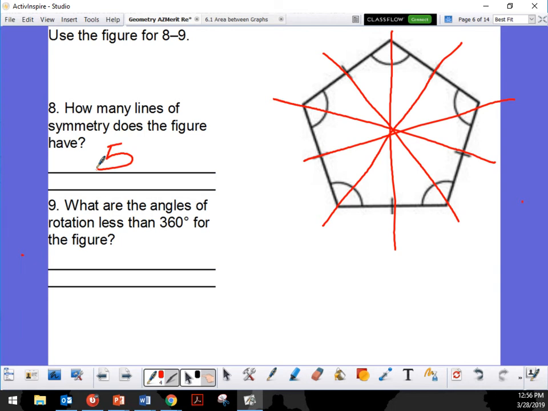Okay, so how many times can I rotate it and it'd be exactly the same? 360 over 5, right? Do you guys remember when we did that? It's 360 divided by n, and n was my number of symmetrical lines, right? Yes? Okay, so what do we get there? 360 divided by 5? 72. 72 degrees.